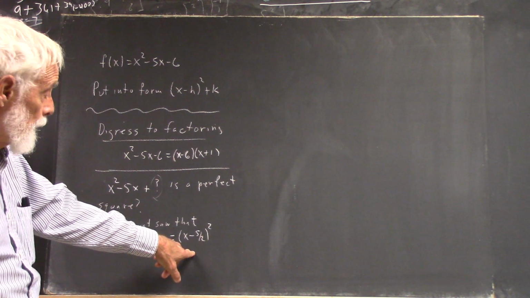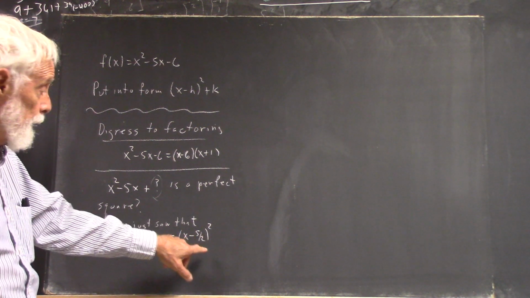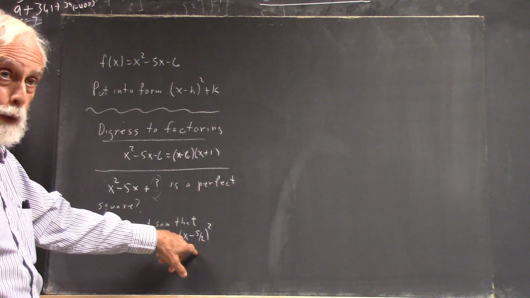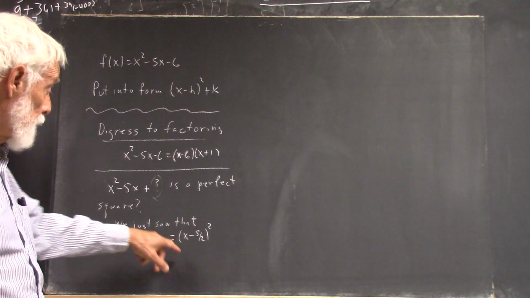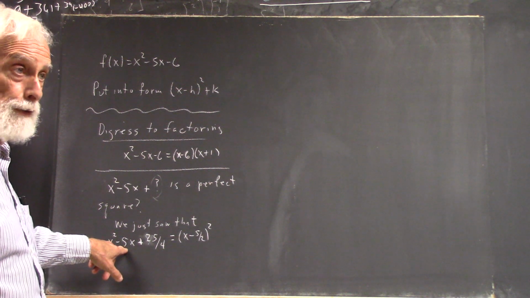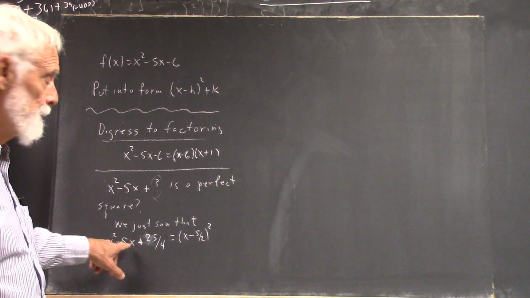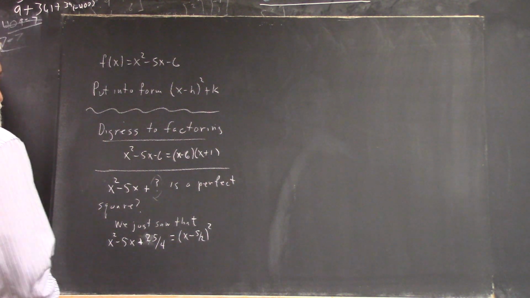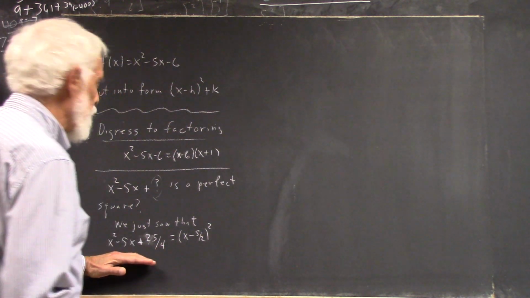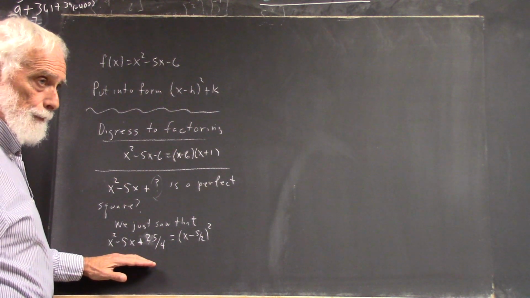Because when you multiply this out, you get the 5 halves and the 5 halves twice in front of x, right? Which is what gives you a negative 5x. Well, if you didn't already know that, how would you find it?